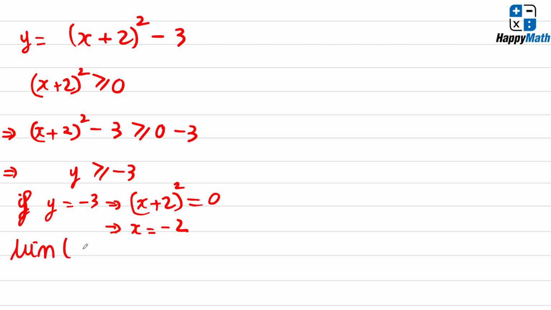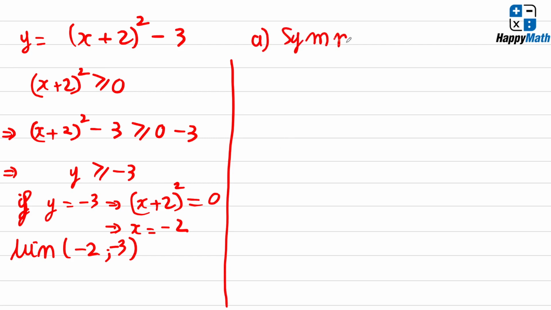X coordinate negative 2, y coordinate negative 3. That's all. From this one, I will figure out the symmetric line. Can you tell me what the symmetric line is? You got the symmetric line is x equal to negative 2, because the x coordinate of the minimum point or maximum point will be the symmetric line.